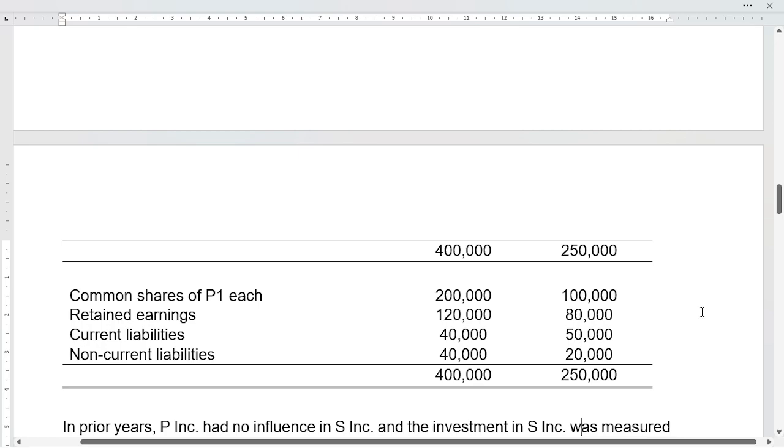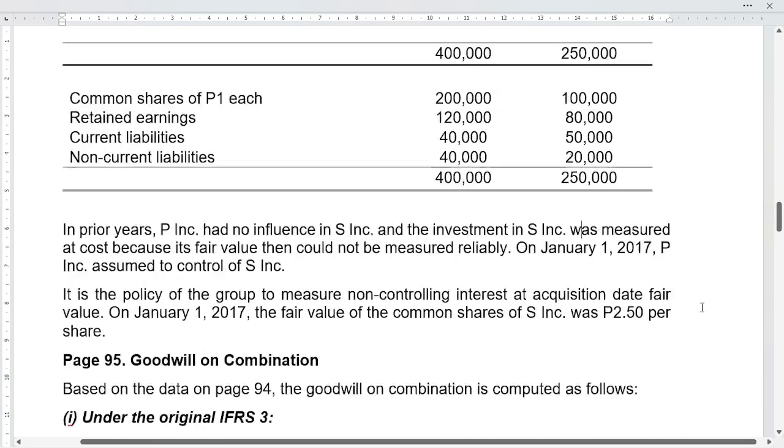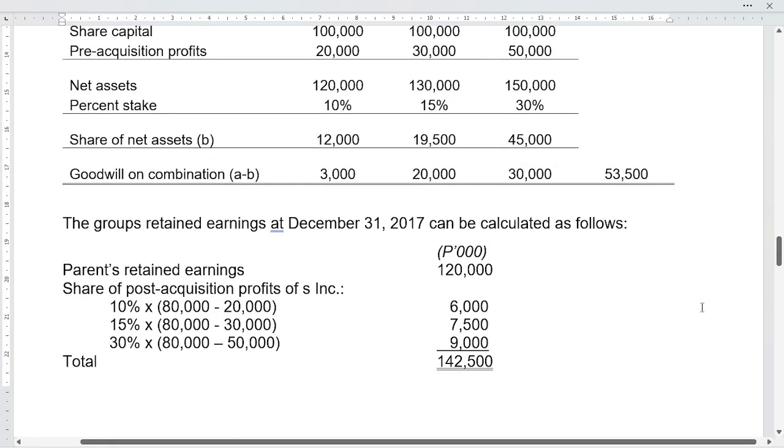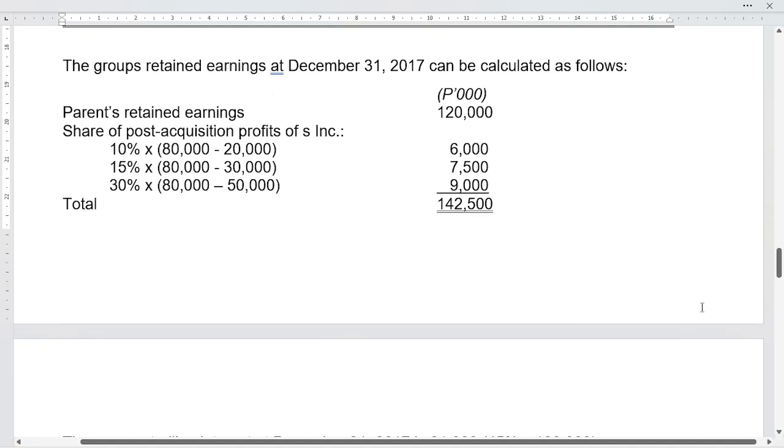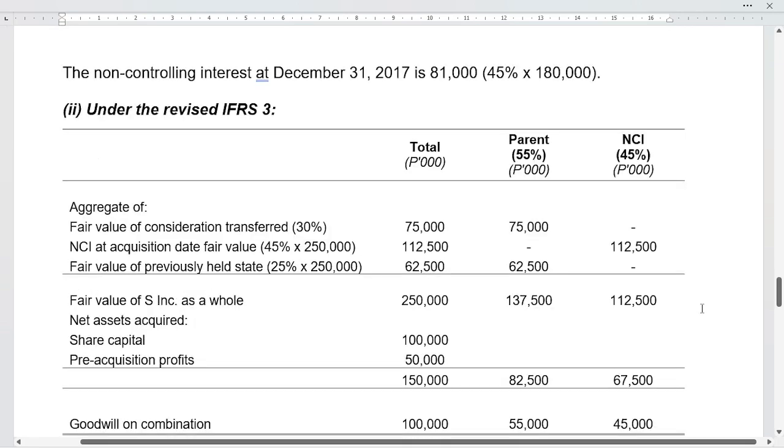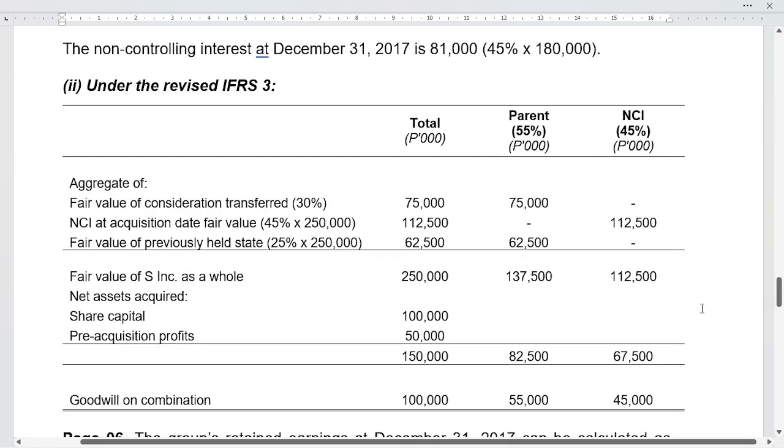Ngayon, ibaba mo pa. Yan. May sinasabi ka dito, the non-controlling interest at the acquisition date fair value. Iba naman to. Fair value ng NCI.